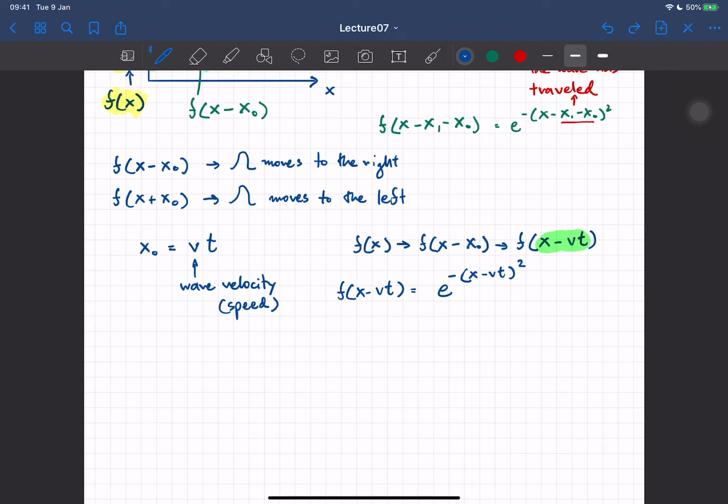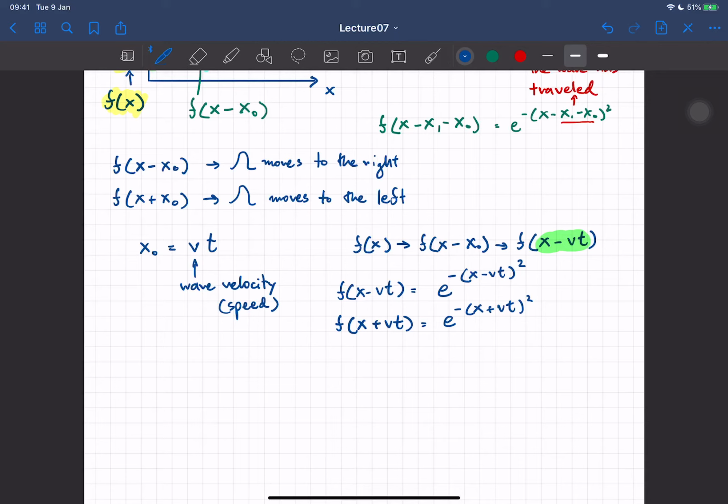And again, if you want the wave to move to the left instead of to the right, then you flip the sign here. So that's going to be f of x plus vt, right? So that's going to be a wave going to the left instead of going to the right. So everywhere that you have x minus vt, you write x plus vt instead. Okay.